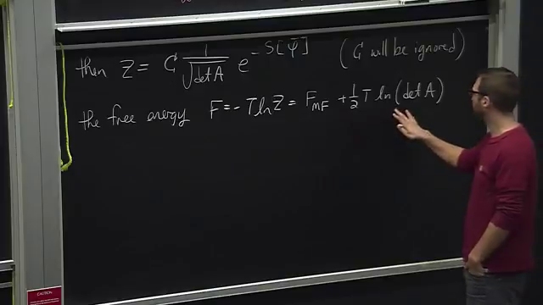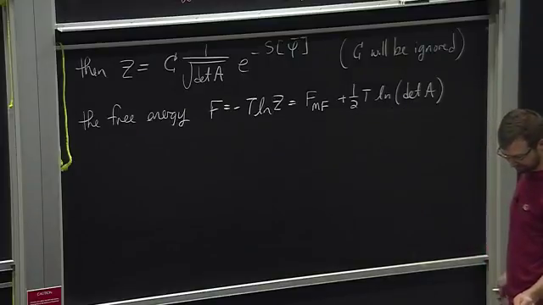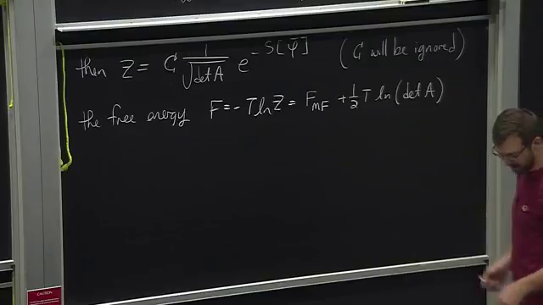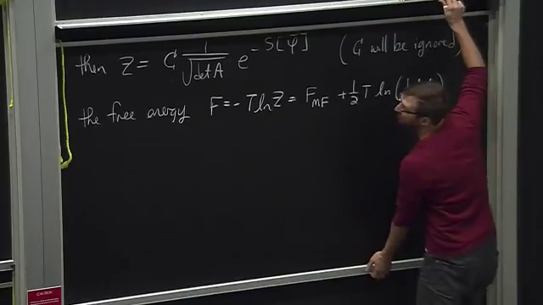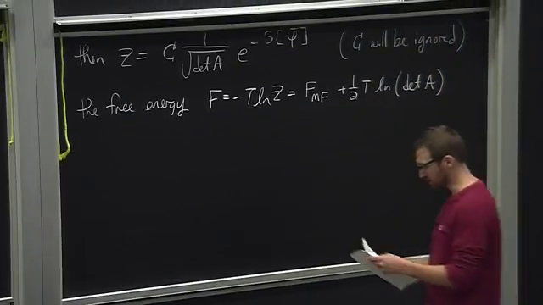Okay, so we need to handle this thing somehow. And the easiest way to do that is to just use a matrix identity. So let me write that first, then I'll sketch a quick proof.